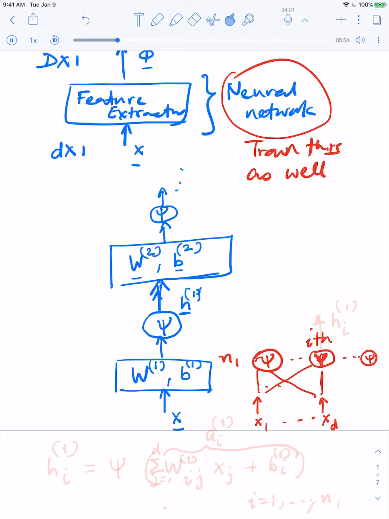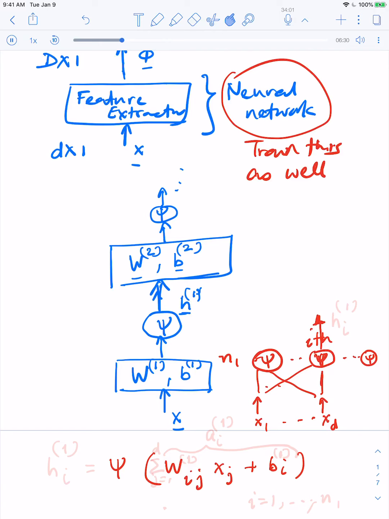What I want is that what's coming into the ith neuron is w_ij plus a bias that depends on the ith neuron. I'm not showing the bias in this picture. Then it passes through the nonlinearity, and that gives me the output of this ith neuron.